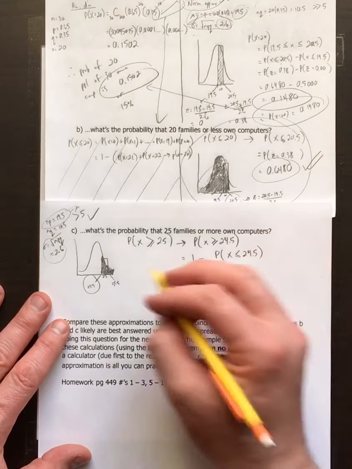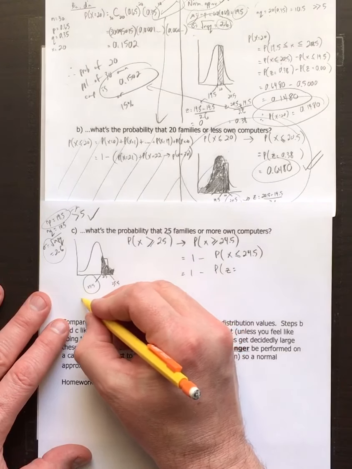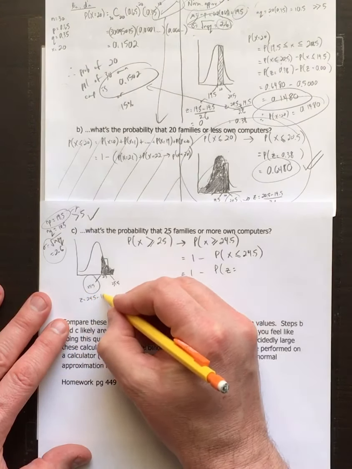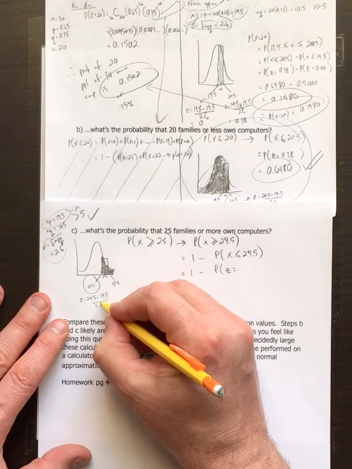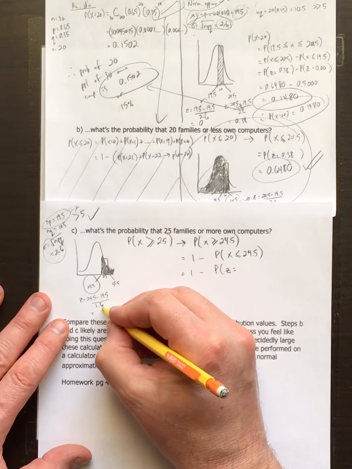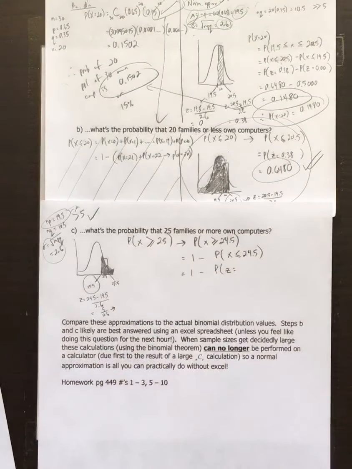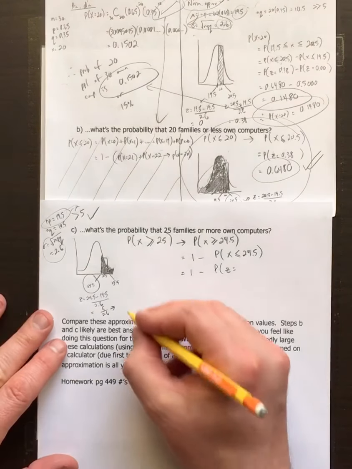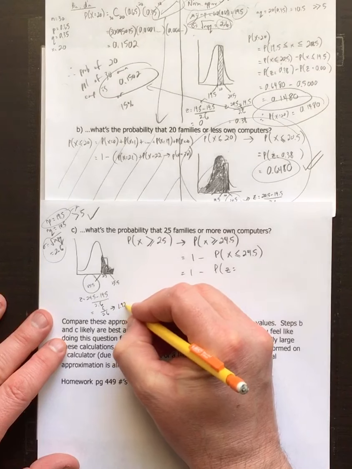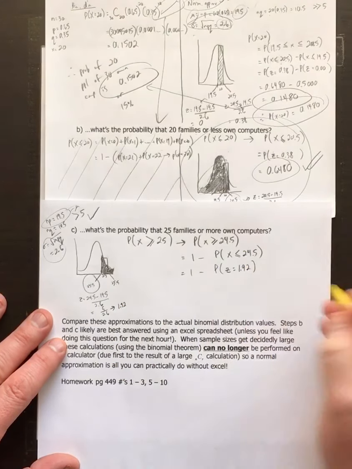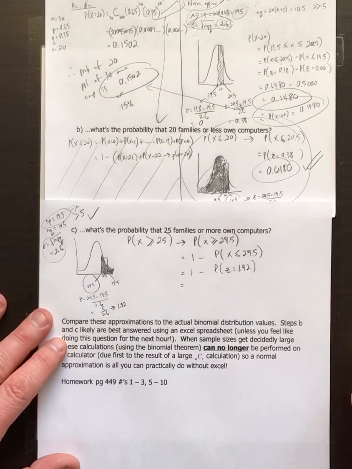I've got to figure out what the z-score is for 24.5, so z is going to be 24.5 minus 19.5 all over 2.6. That's going to be 5 over 2.6, which ends up being, let me consult my trusty answer key, 1.92. So my z-score is 1.92, positive of course, since it's above the mean of 19.5.